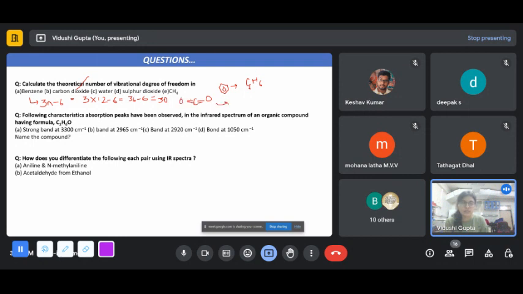So here it will be 3n minus 5, where n is 3, as there are 3 atoms. So it will be 9 minus 5, that is 4.